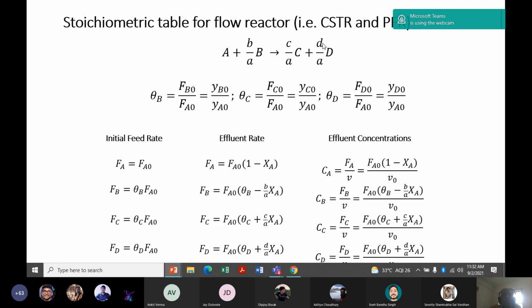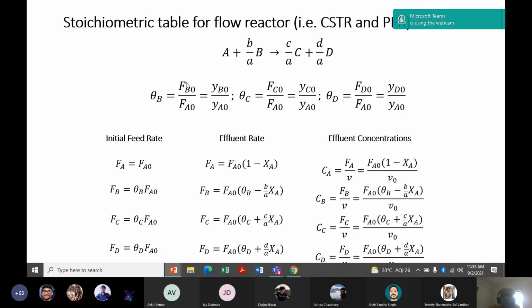The same reaction is used, in the general form A plus B by A, C by A, D by A. Observe theta B, theta C, theta D. In the batch reactor case it was the initial number of moles of B to the initial number of moles of A. But in a flow reactor, we consider Fa0 and Fb0 as the molar flow rates of A and B at the inlet of the reactor.